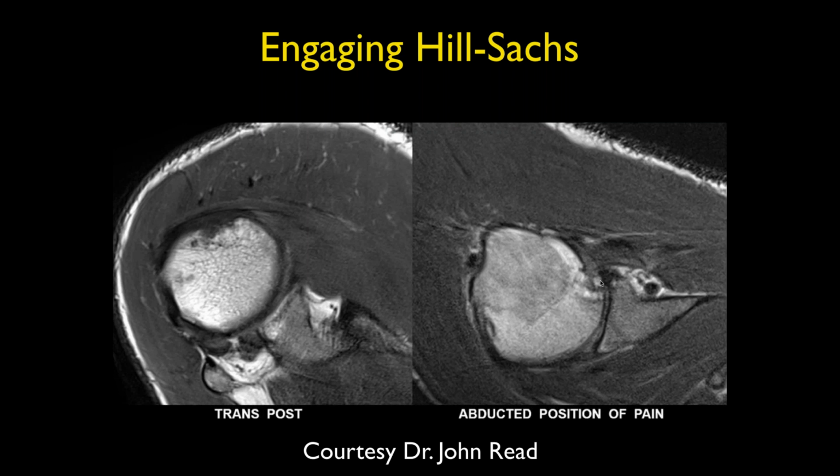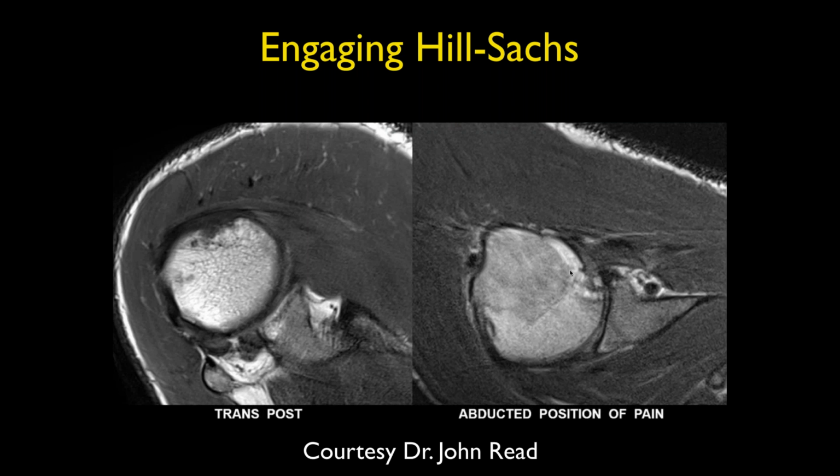So the cause of the pain and the clicking is the fact that the glenoid is falling into the Hill-Sachs lesion, and that can produce a lot of irritation and abrasions of the labrum and the articular structures here. So you don't want this to happen. If they're in a position where they engage, they get a lot of symptoms.